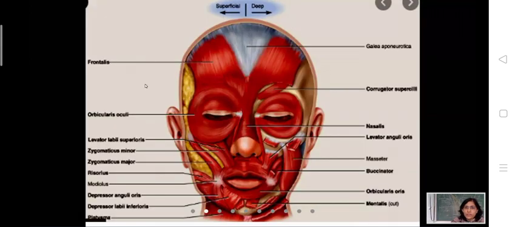These are all the muscles of the face in the frontal view. You don't need to mug up all the details of all the muscles. You just need to memorize the function of each and every muscle.